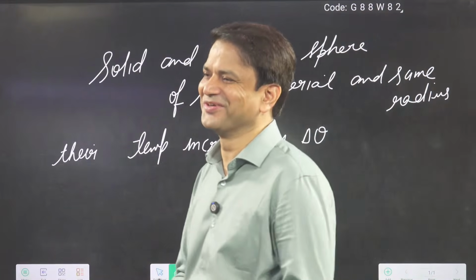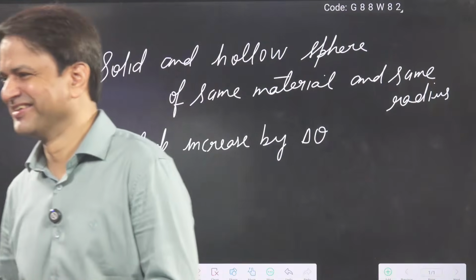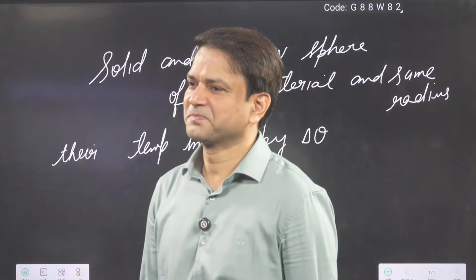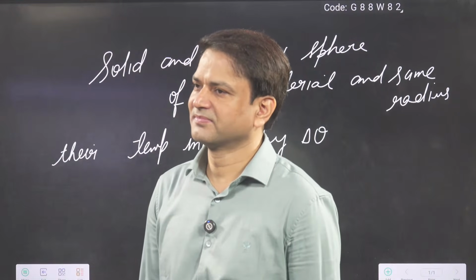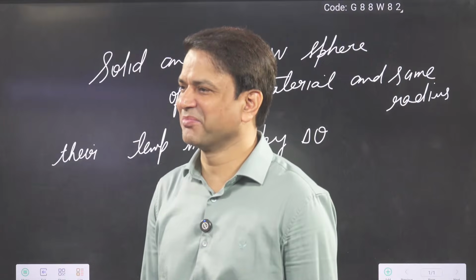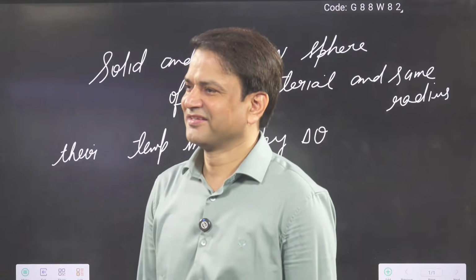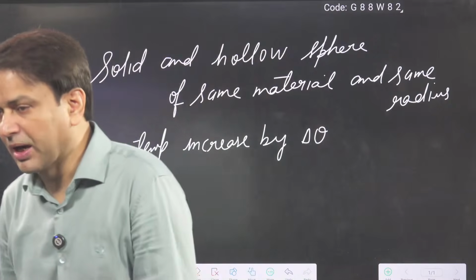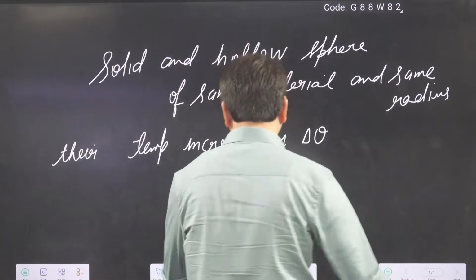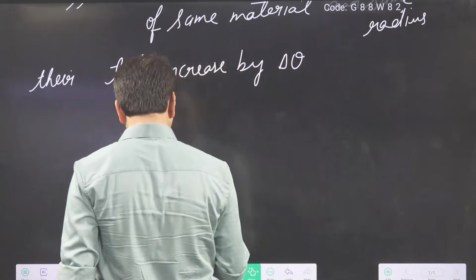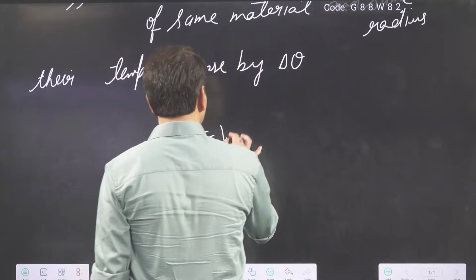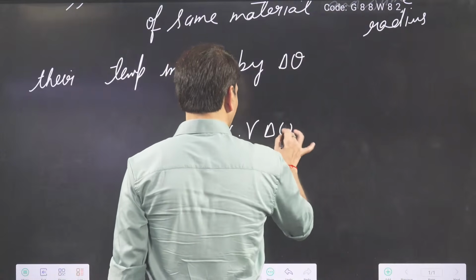Somebody is saying the answer is same. Okay, same. The reason? What is the formula of delta V? Delta V is V initial into gamma into delta theta.